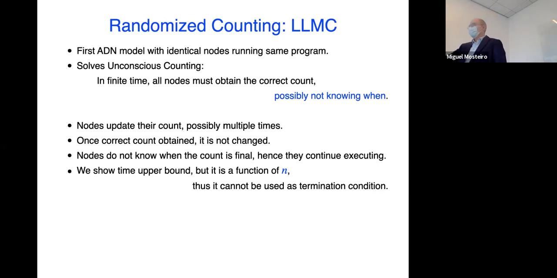In other algorithms it could go up and down. In this case, you reach the count, it never changes anymore, but nodes do not know when that happens. We show an upper bound on the running time, so we give time guarantees, but those guarantees are functions of N, and because N is not known in advance, we cannot use that as termination.